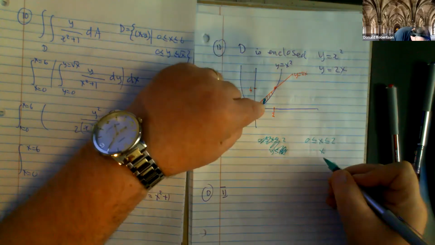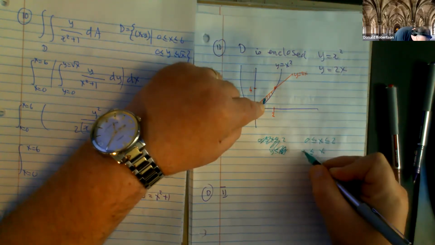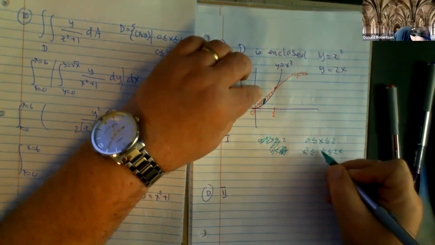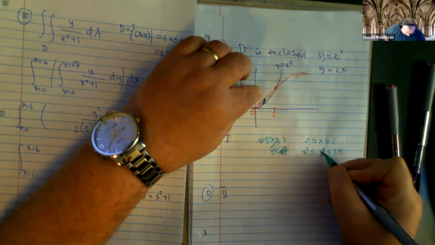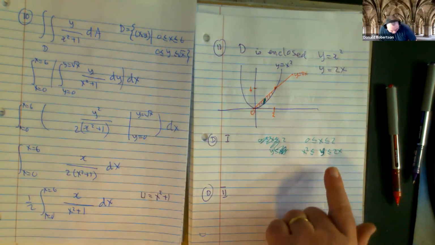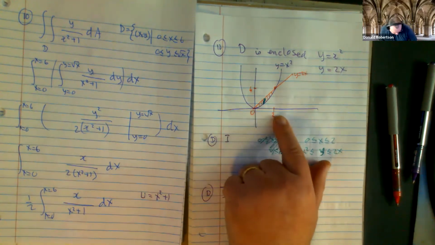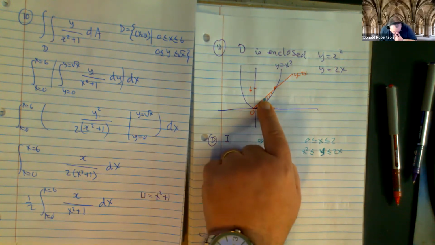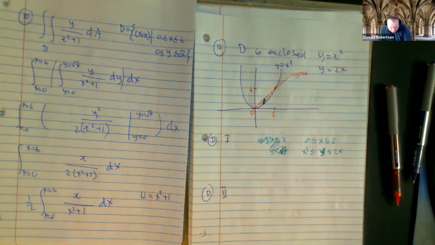The small guy is x squared, and the big guy is 2x, and y goes in the middle. After a few attempts, are you comfortable? 0 to 2, bottom guy, the curve, x squared, top guy, you go that way. Are you comfortable with that being type 1?